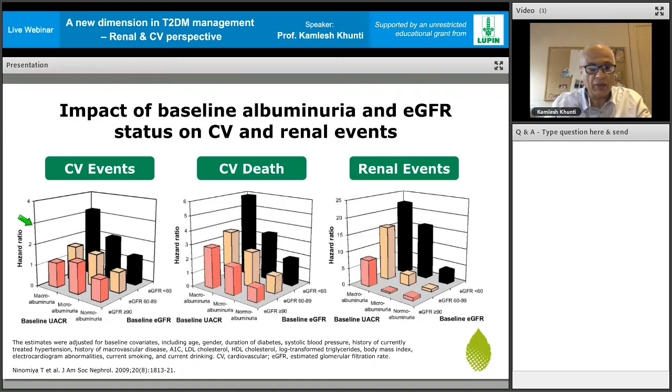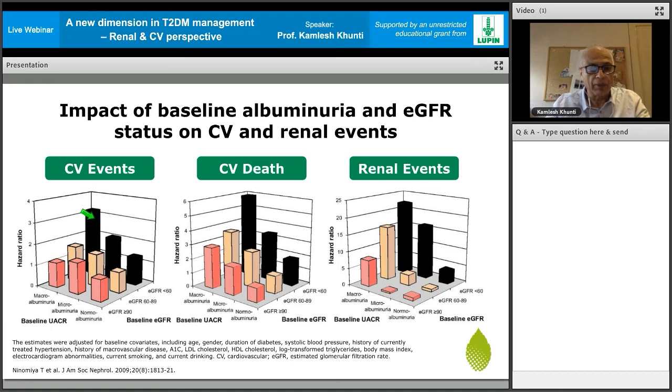So the highest rates, hazard ratio of 3, are in people who have a low EGFR and macroalbuminuria. Microalbuminuria and a low EGFR are in the middle here, and with normal albuminuria but low EGFR, you get reduced rates. The lowest rates are in people who have normal EGFR and no albuminuria here.